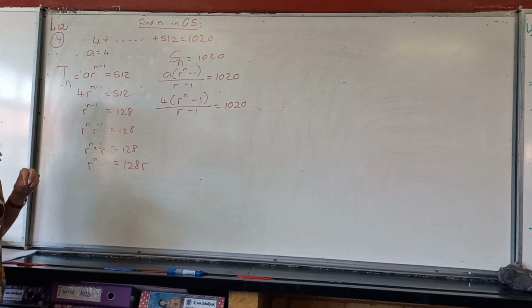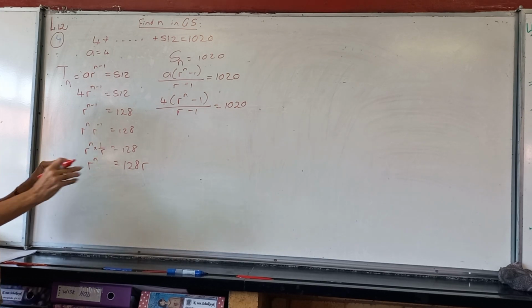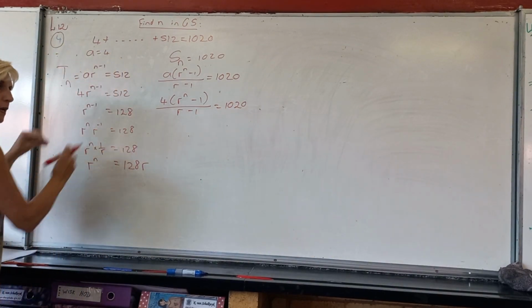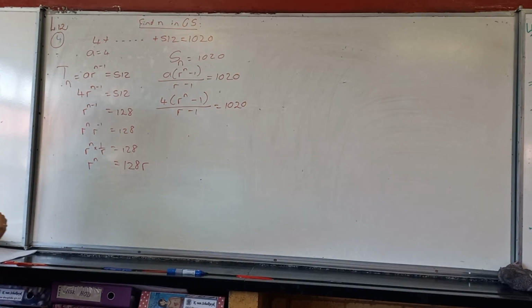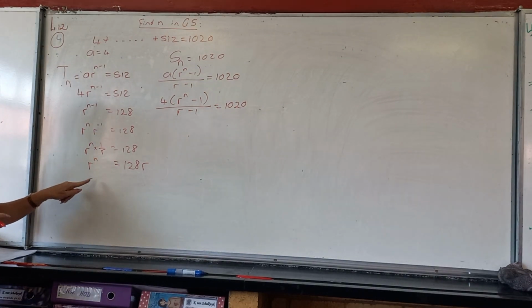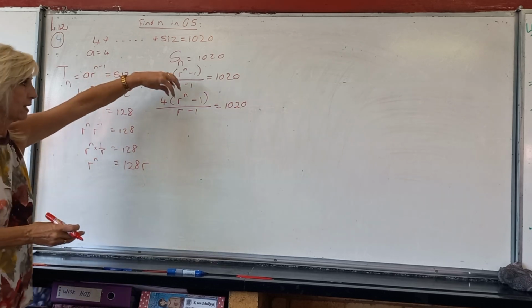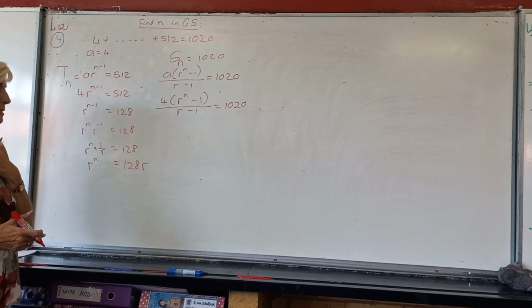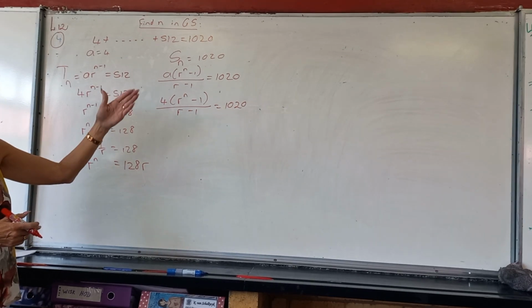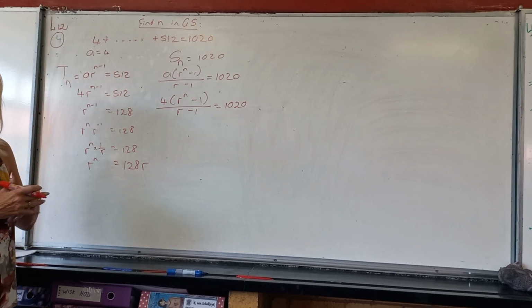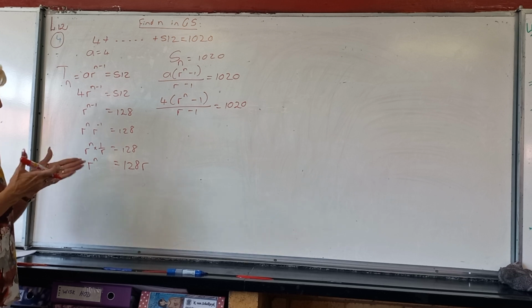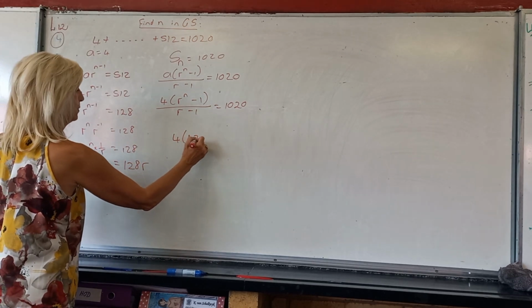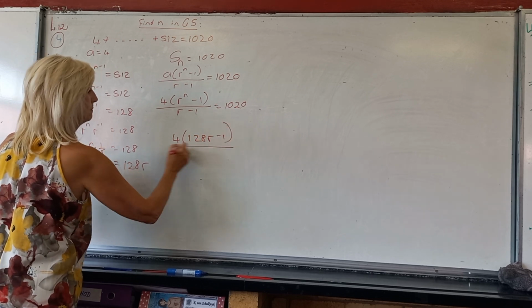Now this is a nice example of sometimes you don't have to get R alone and substitute into R, or N alone and substitute into N. If you can get something like R to the N and substitute the R to the N on the other side as well, it's fine. Now personally, I think I would have wanted the fraction to go away maybe in the beginning, but you can do it now as well if you wanted to say 4 times 128R minus 1.